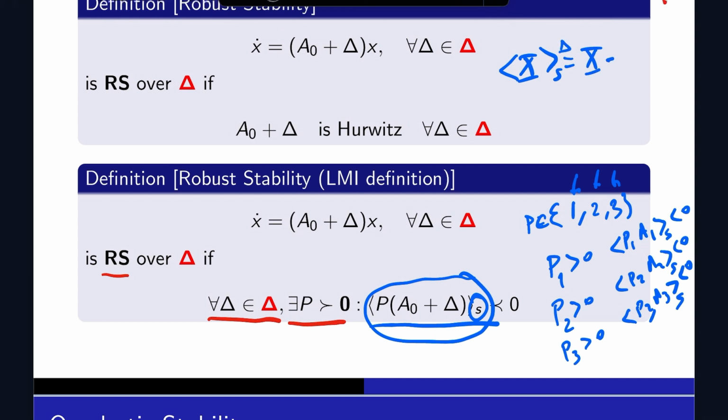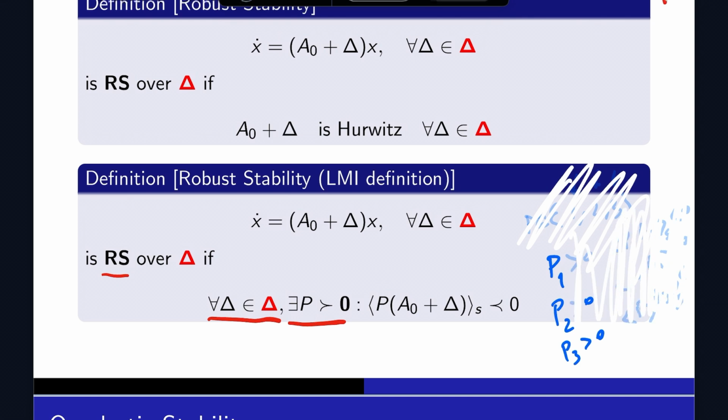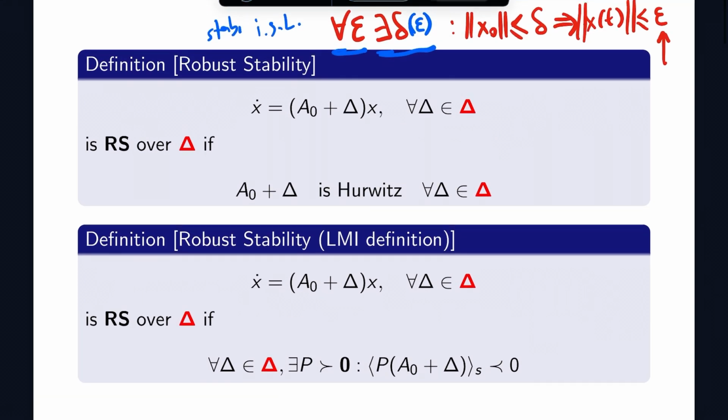Anytime you see that, it means X plus X transpose. Because in LMIs this is the type of thing that happens all the time, they have a special notation for that, and that's why I wanted to use it. So that is the robust stability basic definition.